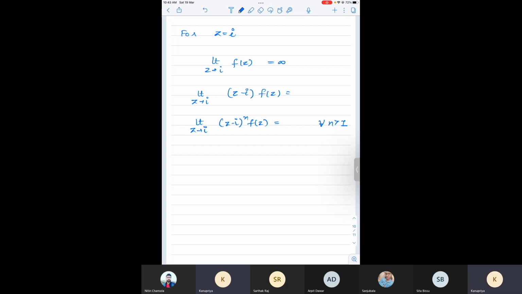This is an easy one, right? Yes, ma'am. The last is 0 and the last second is minus 1 upon 2 iota, which is non-zero. So what is the order of the pole at z equal to iota? One. When the order of the pole is 1, we also say it is a simple pole.